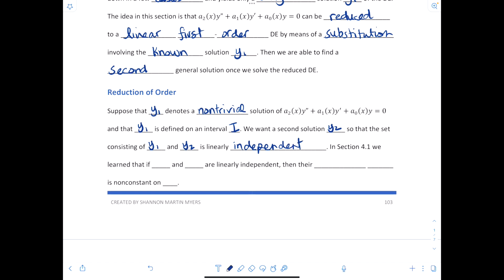In section 4.1, we learned that if y1 and y2 are linearly independent, then their quotient, y2 over y1, is non-constant on the interval I.